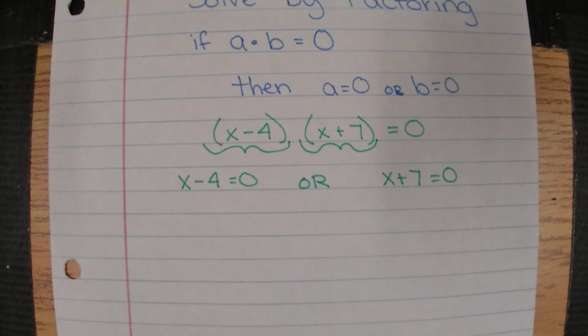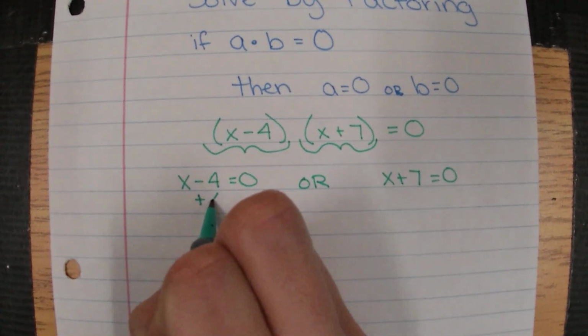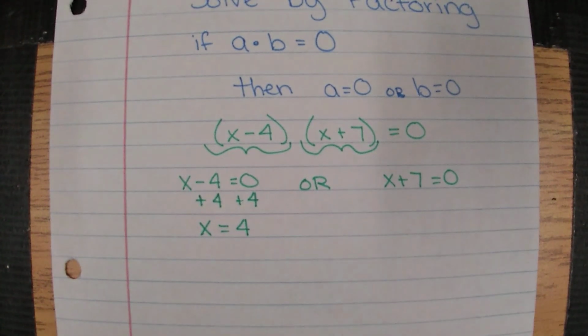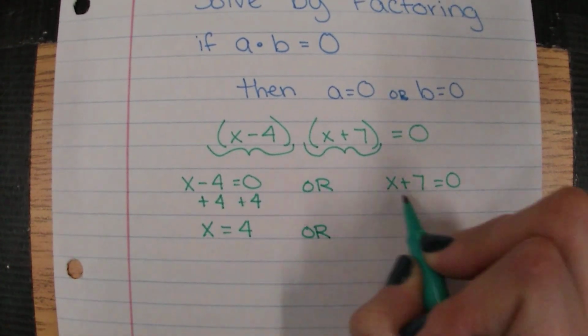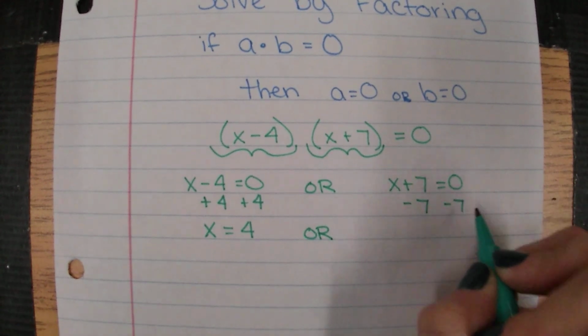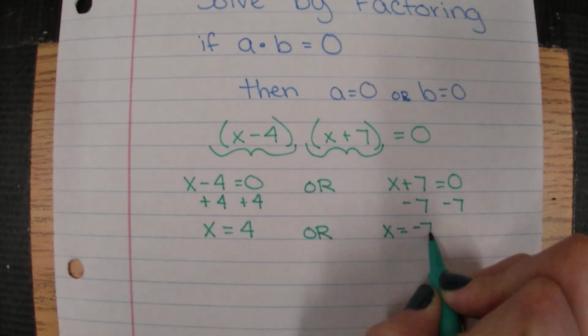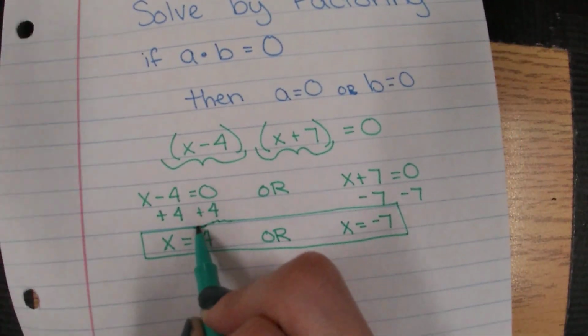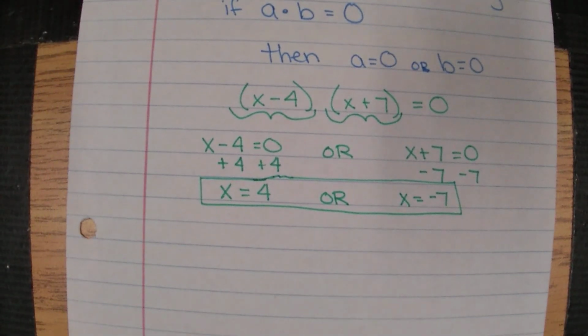Right, x minus 4 equaling 0, we can solve that by just doing an inverse operation of addition and saying x equals 4, or I can solve this one over here, x equals -7. Okay, so this has two answers, which should make sense because last week we said if we were dealing with quadratics, we can have two solutions.